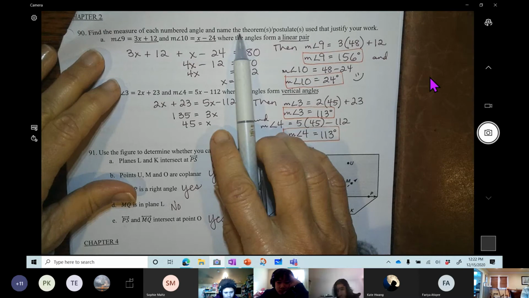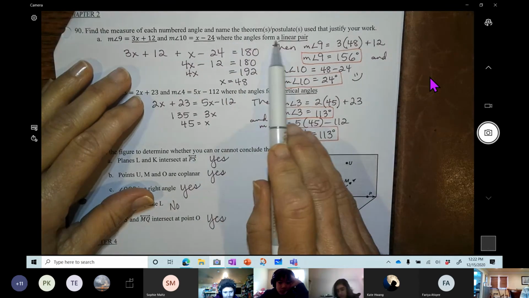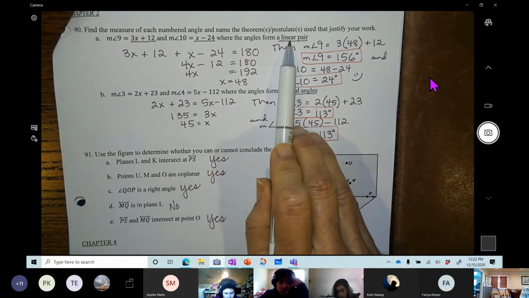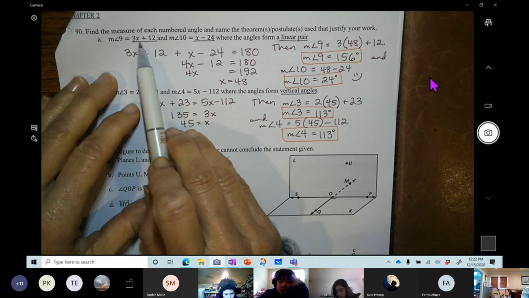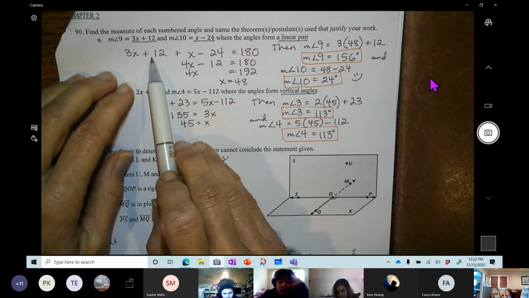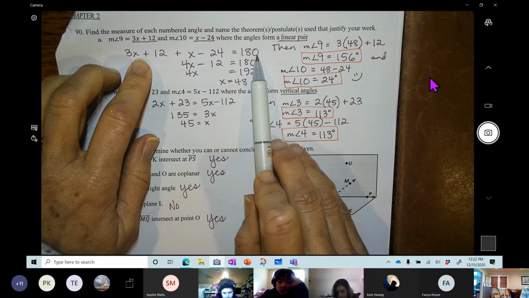So if I have this angle, the measure of angle 9, it's this, and angle 10 is this. These angles form a linear pair. So you need to know the definition of linear pair. That means they create a straight line. So if they create a straight line, they have to equal 180. That's the definition of linear pair. So I took this part and I added it to this other angle and I made it equal to 180.